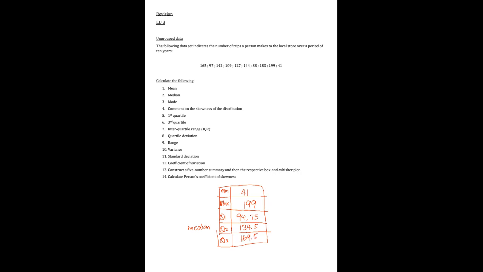So I'm going to draw it very roughly. If there are few numbers, like here there's only 10 numbers, you can just put all 10 numbers onto your number line. So you have 41, 88, 97, 109, 127.